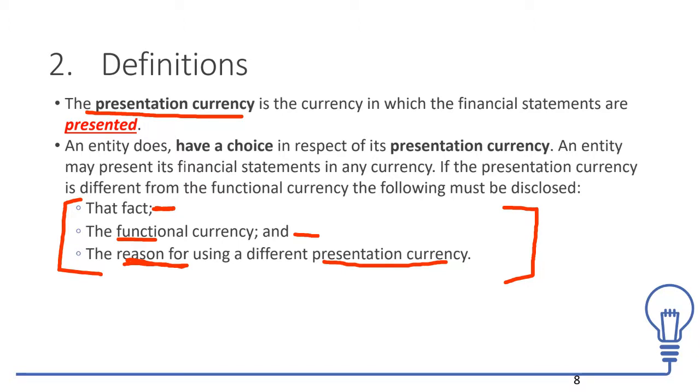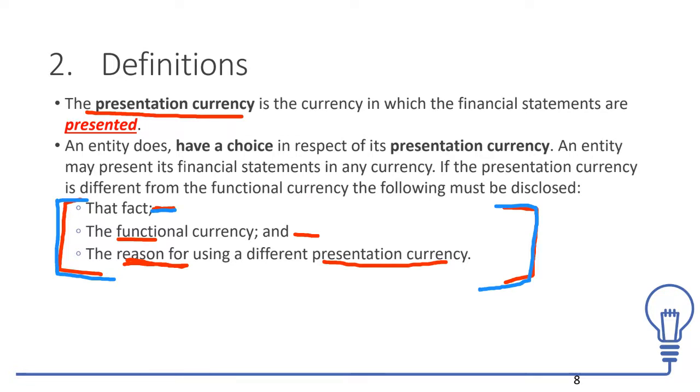So if that is the case, where our functional currency is different to our presentation currency, we must disclose three things. First, the fact, meaning the fact that we have a different functional currency from presentation currency. So we must explain which currency is presentation, which currency is functional, and then why, right?